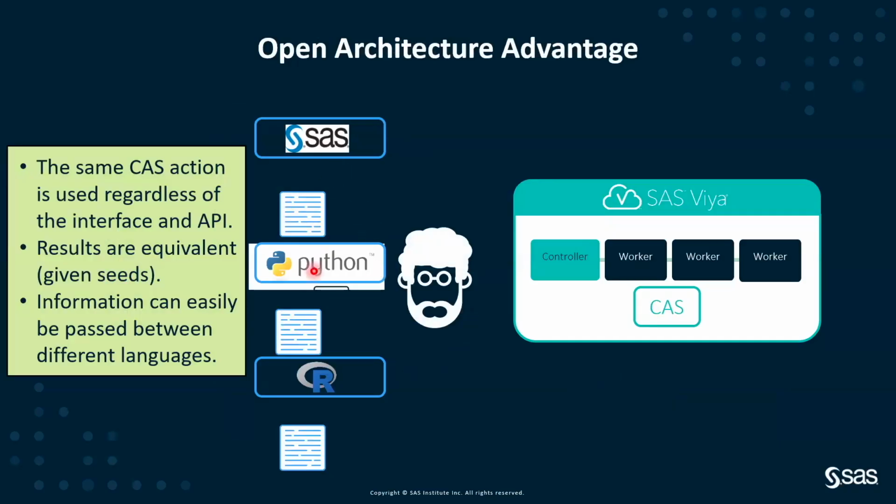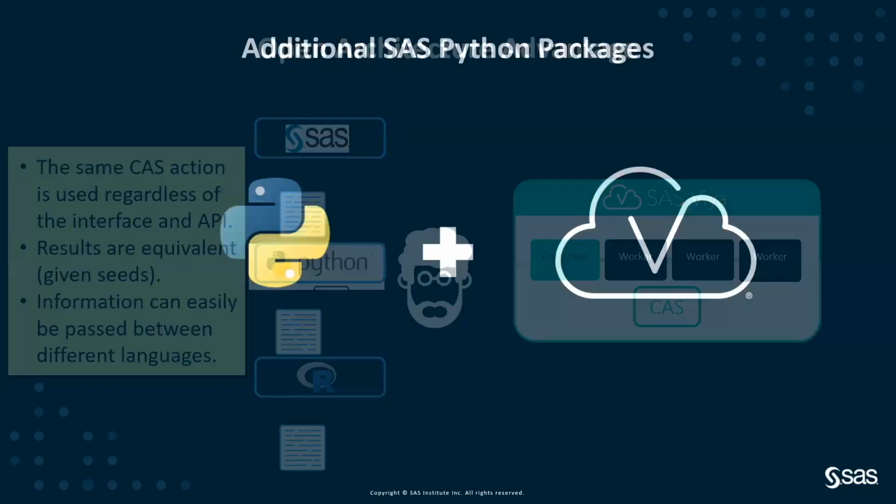So whether you're using SAS, Python, or R, it will be the same CAS action that is used regardless of the interface and API. The results obviously will be equivalent as long as the seeds are equal, and then this information can be passed across irrespective of the language that we are using. So that is one thing one must understand when we are talking about open source integration. You need a SWAT package in between so that CAS can understand what is being asked or what is being desired in a typical thing.